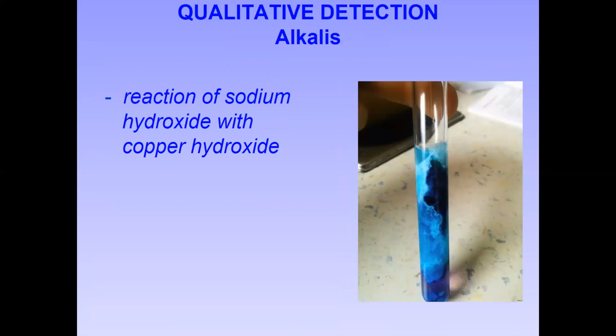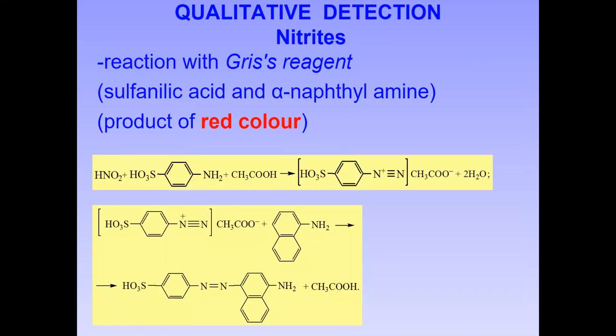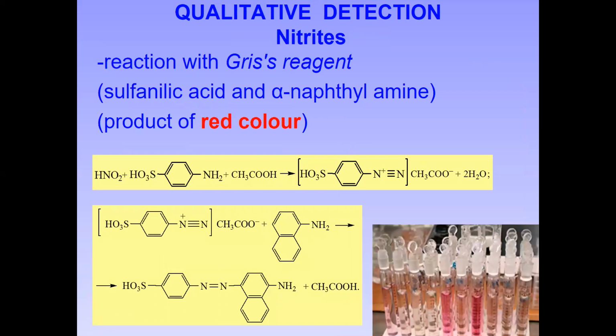For qualitative detection of alkalis, for example, reaction of sodium hydroxide with copper hydroxide. For qualitative detection of nitrites, we can use reaction with Griess reagent, sulfanilic acid and alpha-naphthylamine, product of red color.